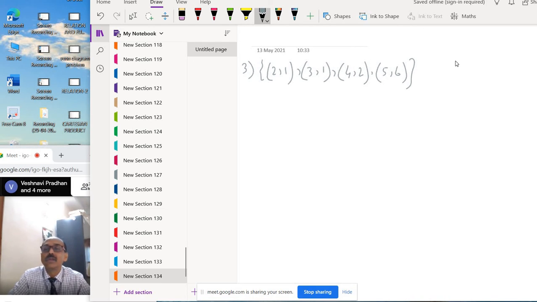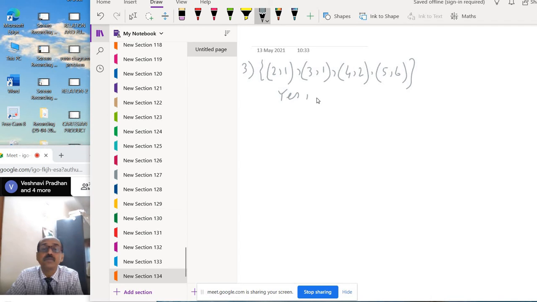Once again, it is a function because different elements with the same image is possible, but one element with 2 images or more than 2 is not possible. So yes, this is a function.